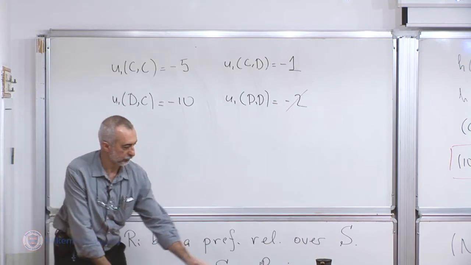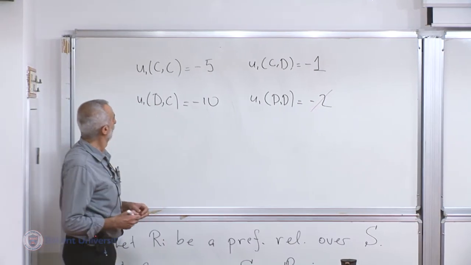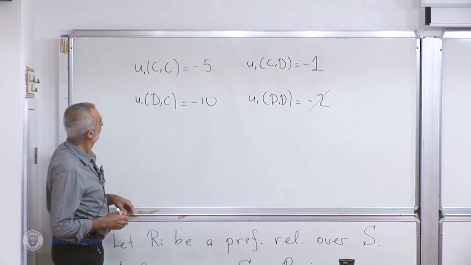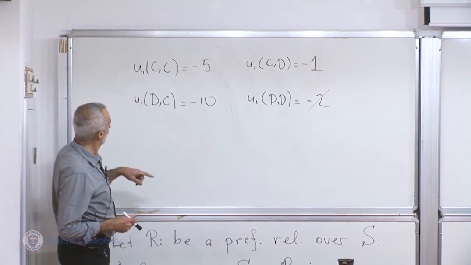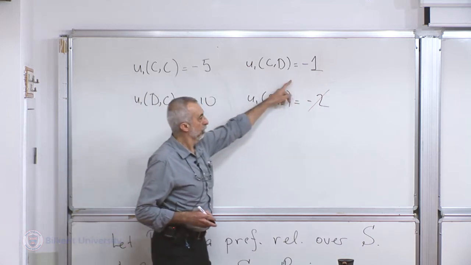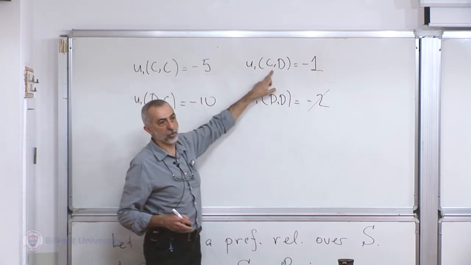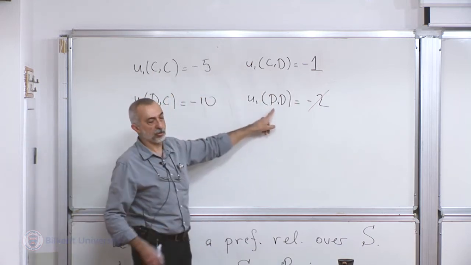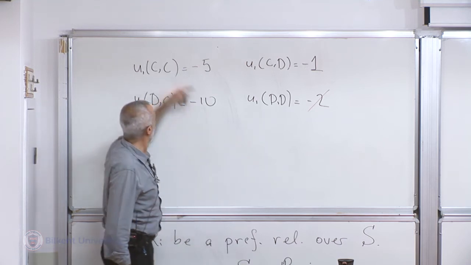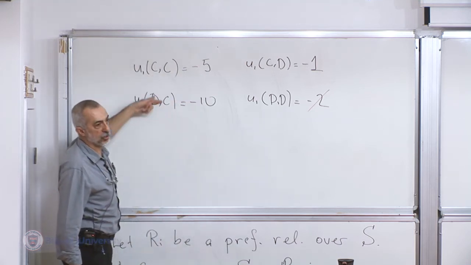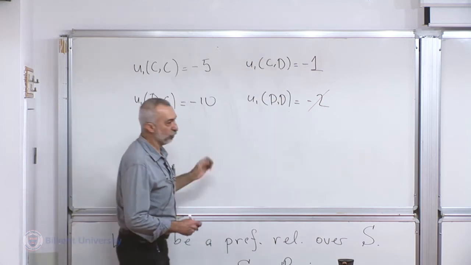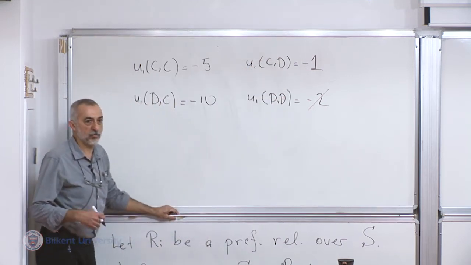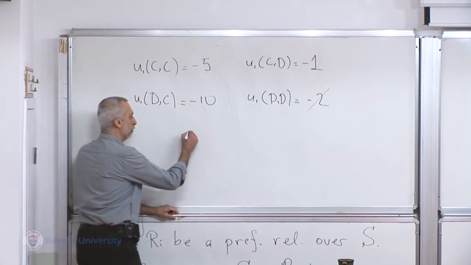By the way, this is good, but we can summarize this all in a simpler way. If I look at this row, the first element of U is all C, the first element of U is all D. The second element in this column is all C, the second element in this column is all D. So rather than writing like this, I can be a little lazy and do this.